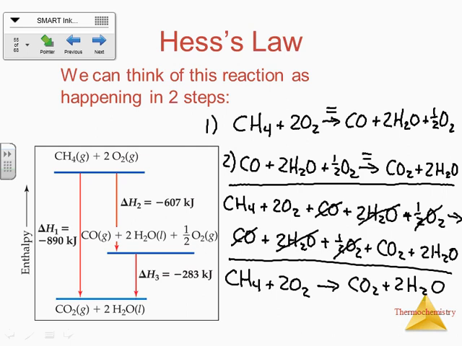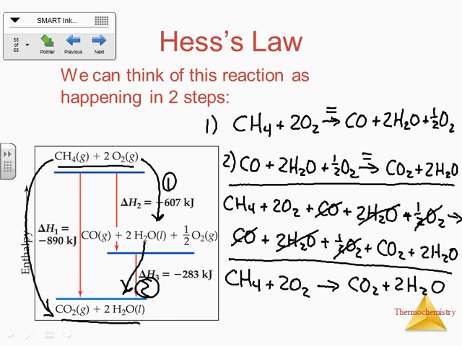And if you notice there, this was step 1, and then we went down to here, that was step 2. When we added both of those reactions together, what they ended up giving us was here to here, okay?